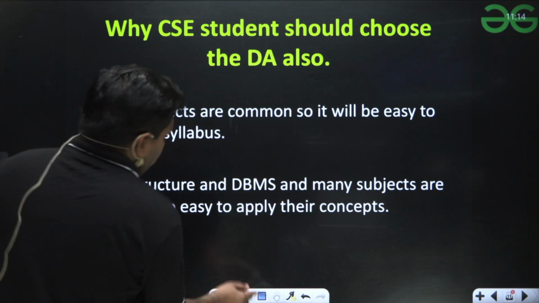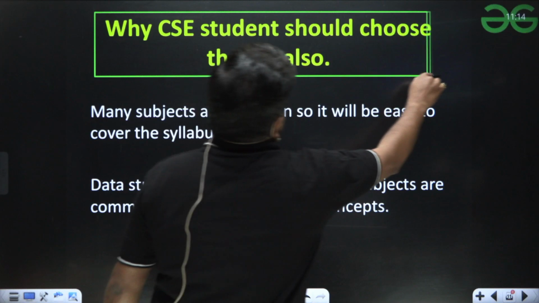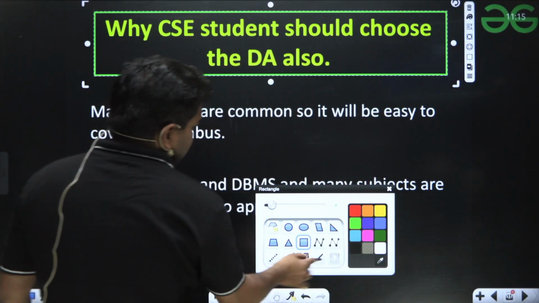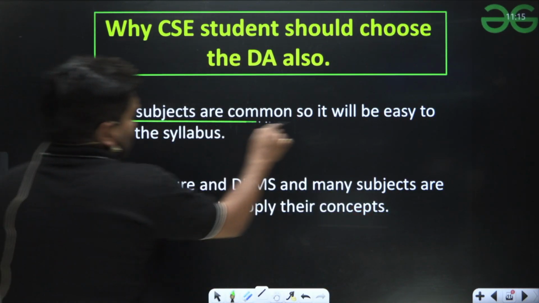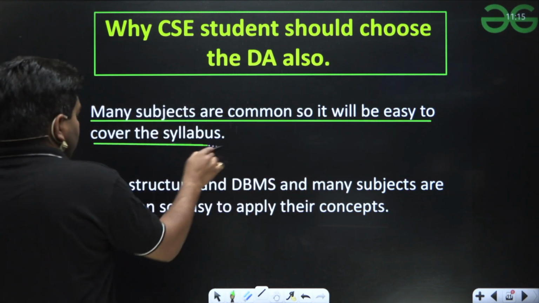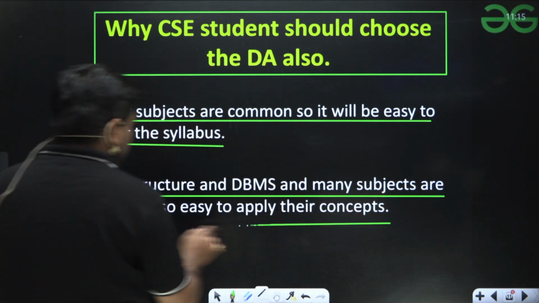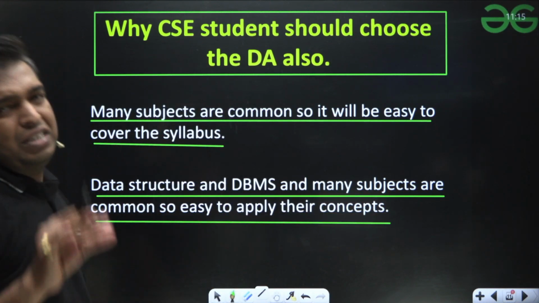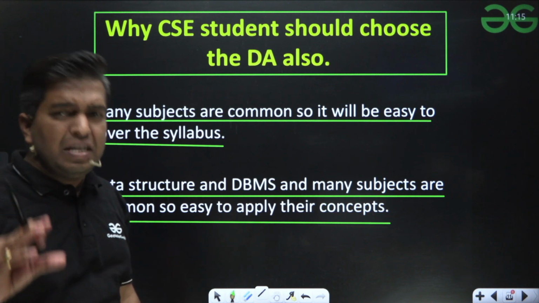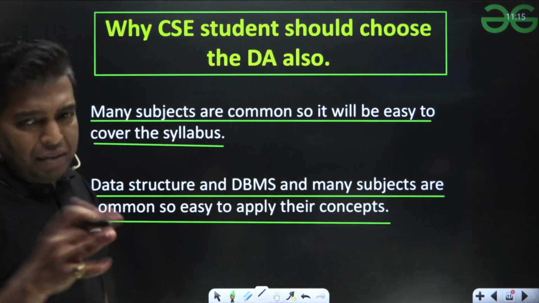Now why do CS and CSE students choose DA also? As I already told you, because many subjects are common, it's easy to cover this syllabus. Data structures, DBMS and many subjects are common, having exactly similar syllabus and similar types of questions asked, but with different values.